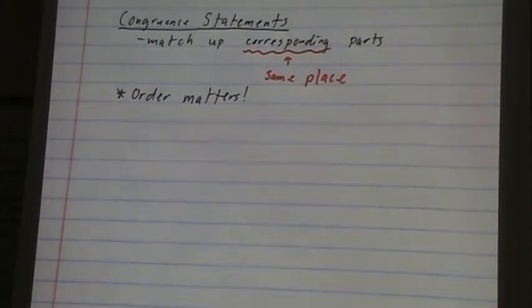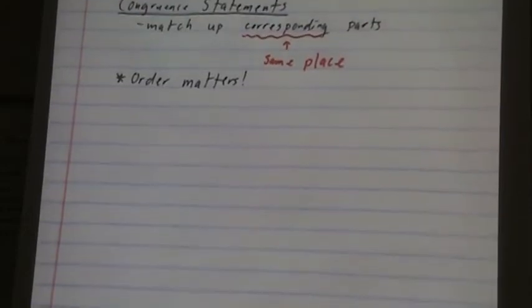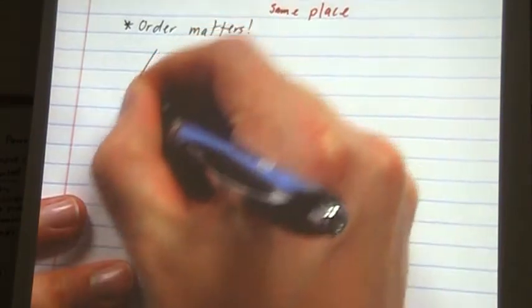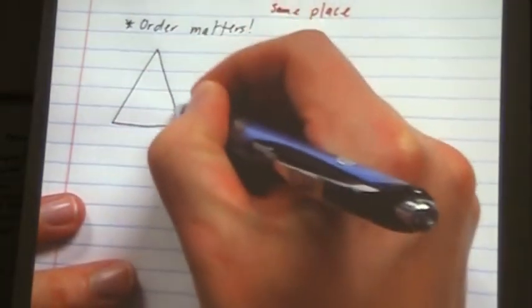It also matters with maps. And essentially a congruent statement is like a map. Okay? And I'm going to show you what I'm talking about. I'm going to draw a quick picture. We've got a couple triangles here.